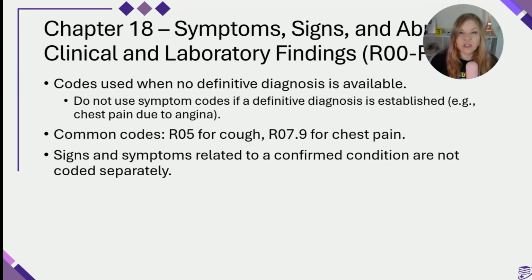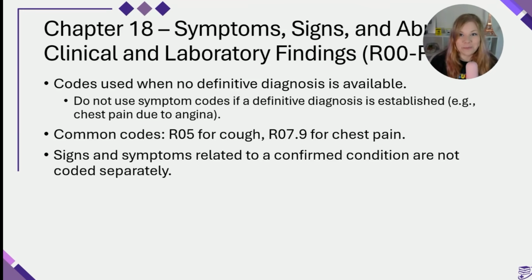Chapter 18 is for codes for symptoms, signs, abnormal clinical or lab findings. So we oftentimes will use these codes when we don't have a definitive diagnosis. However, if we do have a confirmed diagnosis, such as chest pain was due to angina, then we code only for the condition, not the symptom.